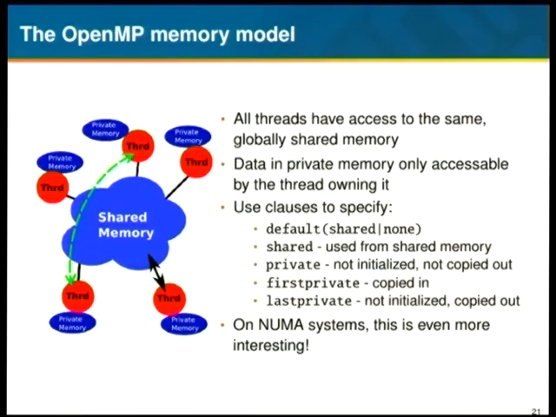Especially if you are on NUMA systems, that is getting really hairy, but I don't want to talk about that in just a tutorial. So for now, let's assume we have a flat memory system. All the memory is at the same cost accessible by all processors. Still, we need to worry about what variables are private to a thread and what variables are not private to a thread.